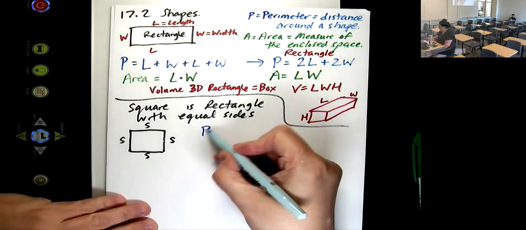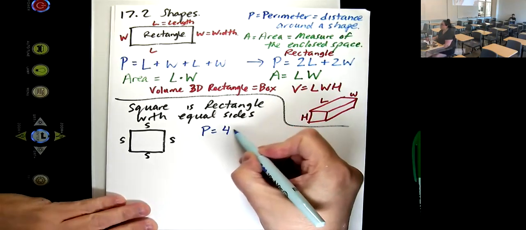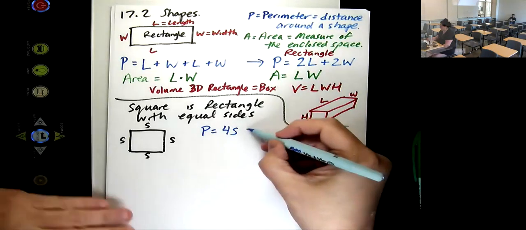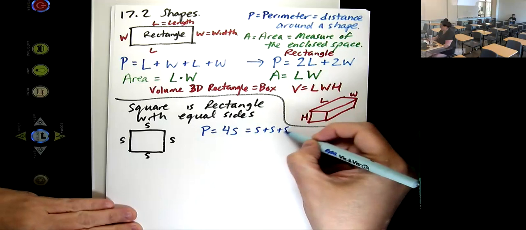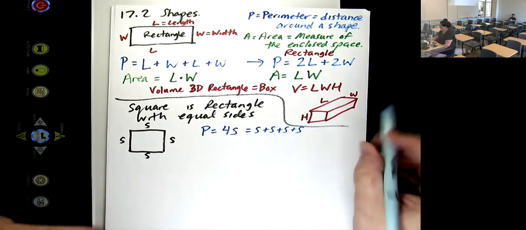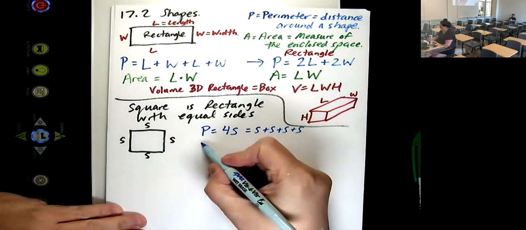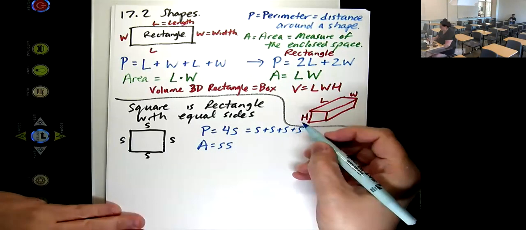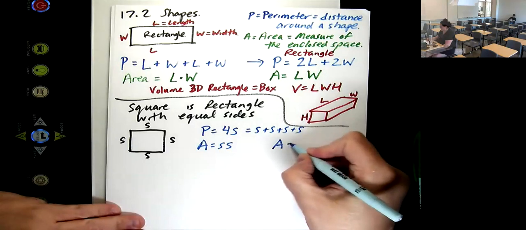Perimeter here, if we add up the sides, you will see there are 4 sides, so 4s. It's really just s plus s plus s plus s. The area is side times side, for s squared.